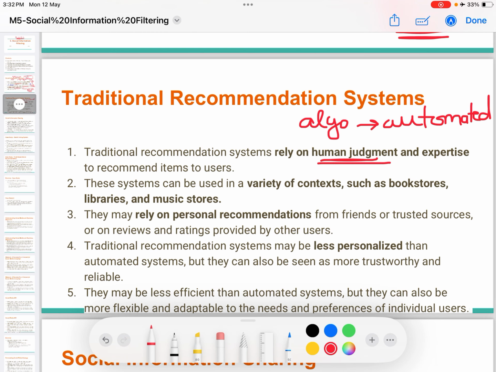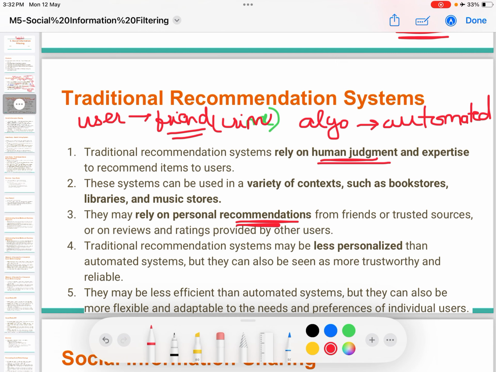So for example, there is a user and let's say that user has a friend. And this friend has viewed a particular movie, say a crime thriller. Then these personal recommendation systems, what do they do?